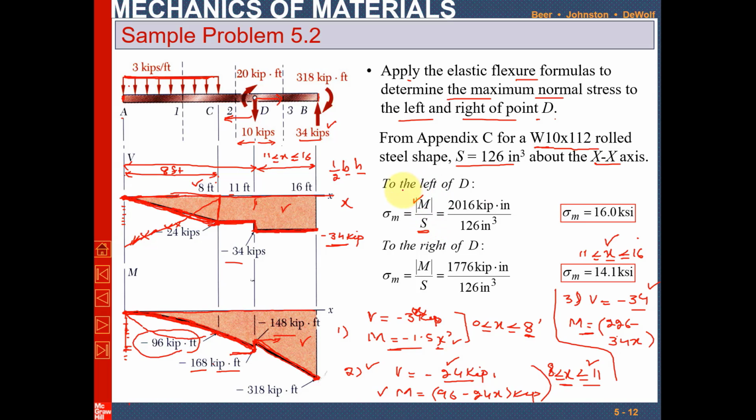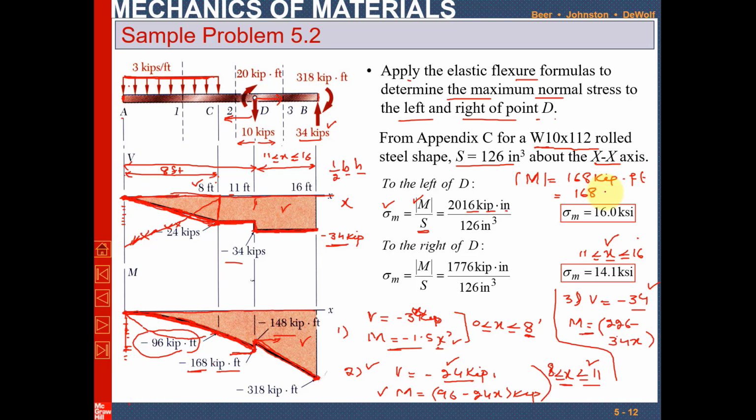Now to the left of D, this moment is 168. Neglect the minus because we take the magnitude. We have to find the maximum stress before point D and after D. This moment before point D is 168 kips into feet, and you have to convert it into kips into inch.